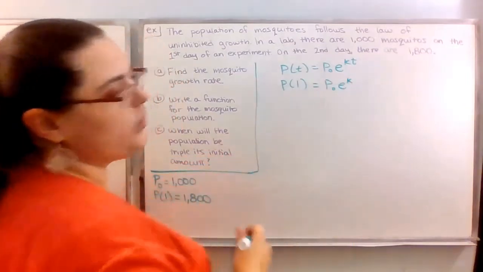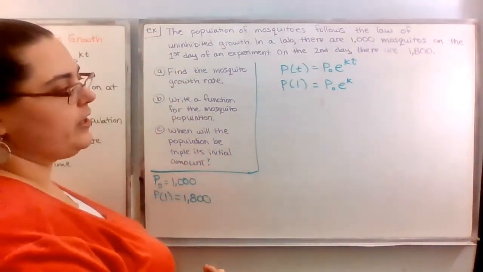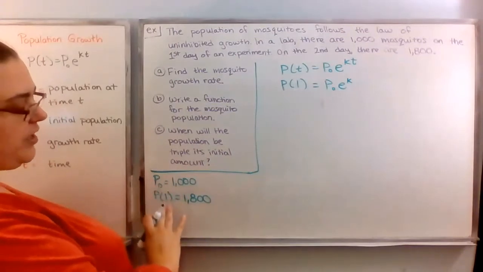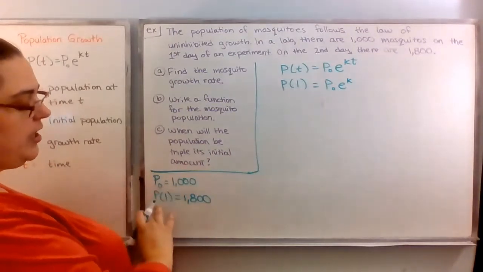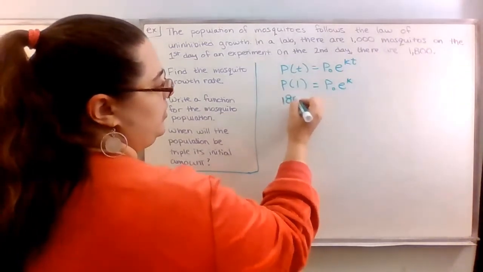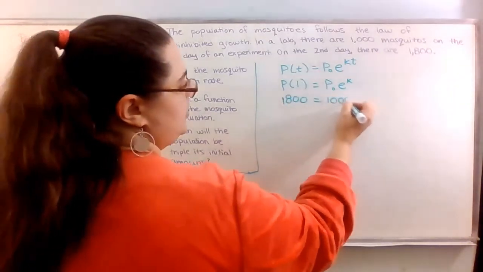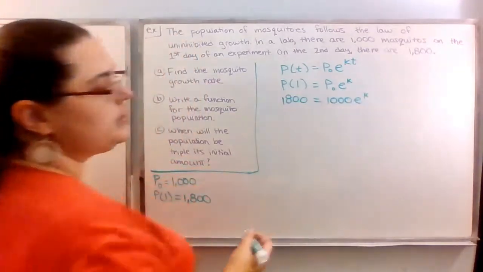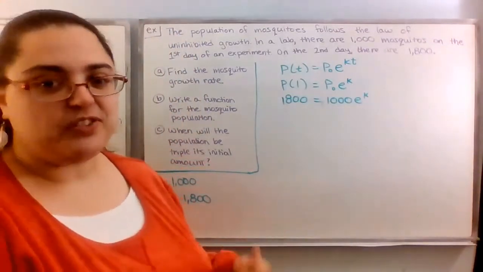So we have k times 1, so we just get k. Now we can substitute in these values that we know. So P naught is 1,000 and P of 1 is 1,800. So 1,800 is equal to 1,000 e to the k. And now we just need to solve for k.